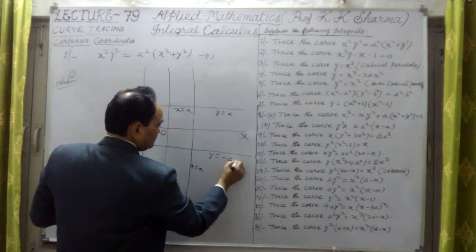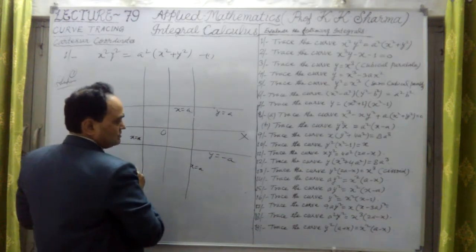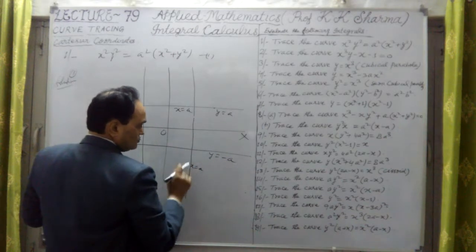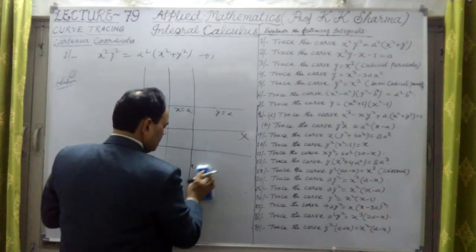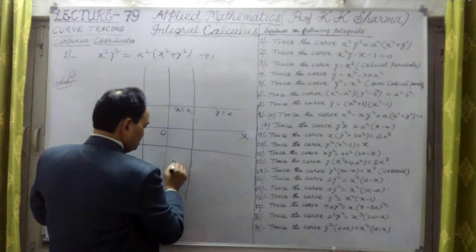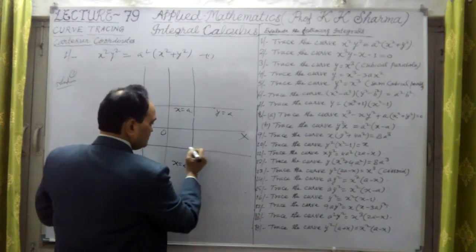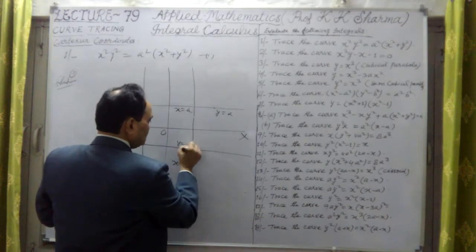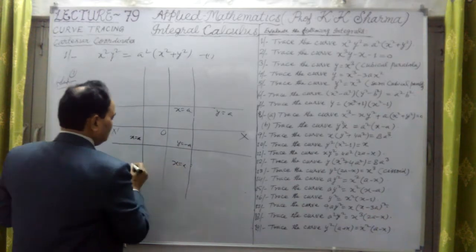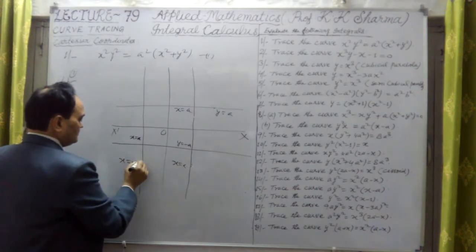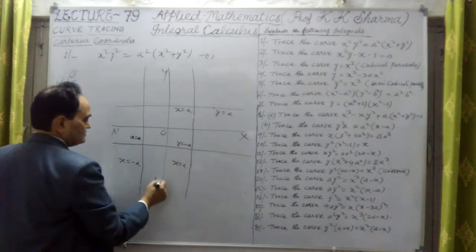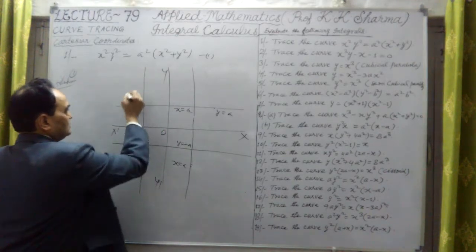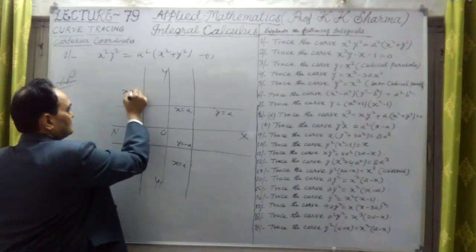Here it is y equal to minus a. Okay, so what is the curve here? This is x equal to a, this is y equal to minus a, and here it is x equal to minus a.